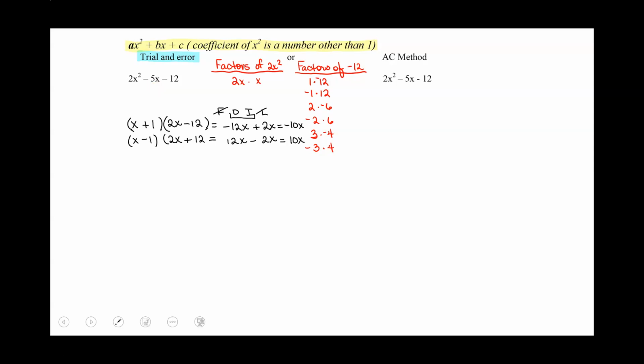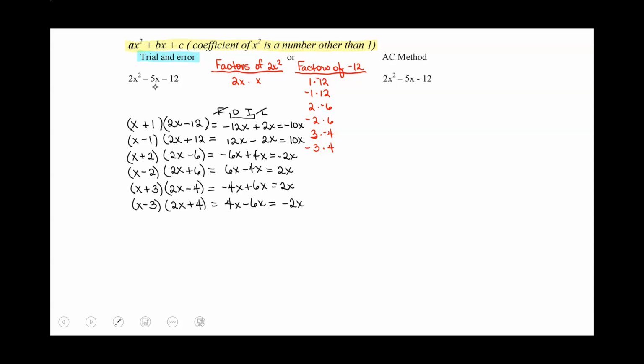So if I try the next one, I'll be trying negative 1 and positive 12. That doesn't work. Then I try 2 and 6, 2 and negative 6, and negative 2 and positive 6. Then I try 3 and negative 4, and negative 3 and positive 4. None of those worked, and so now I need to go back and I need to switch the order of my first terms. I've tried every one of these by doing x times 2x.